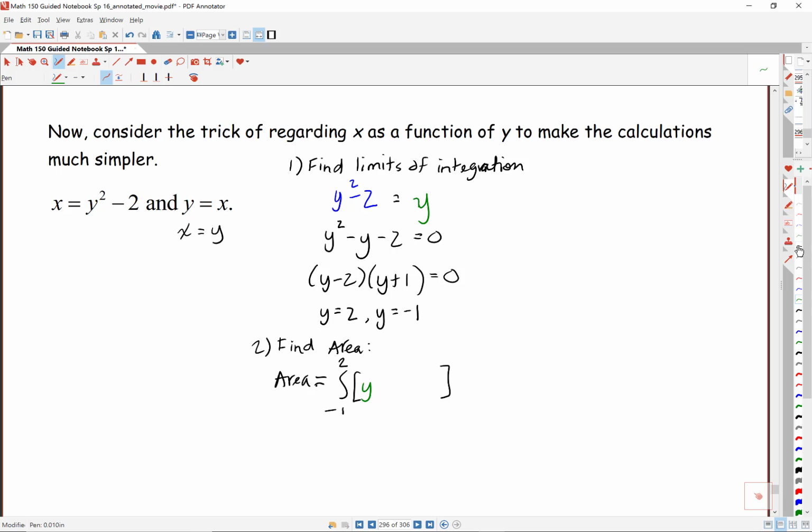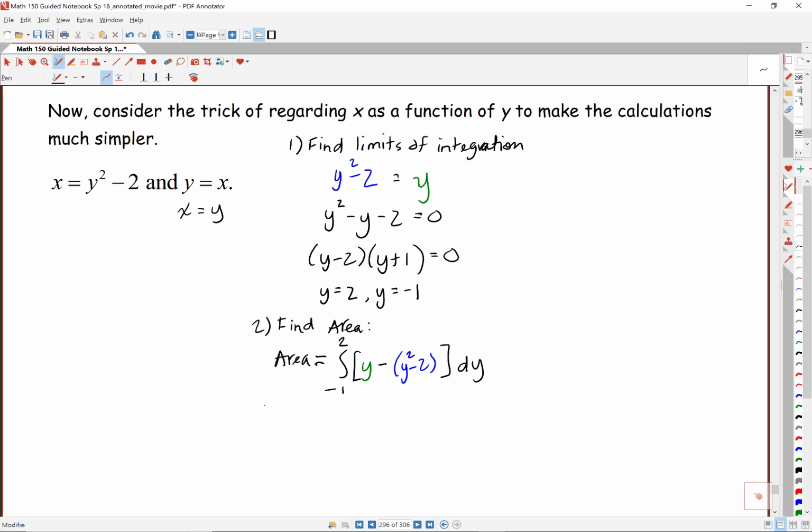And then our leftmost graph is y squared minus 2. And remember, this is all with respect to y. We will get y squared over 2 minus y cubed over 3 plus 2y, from y is negative 1 to y is 2.